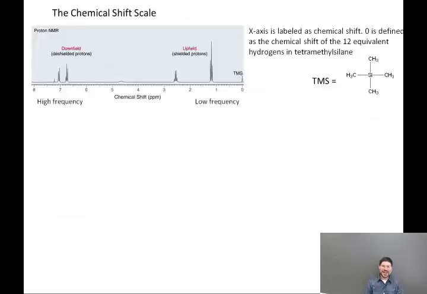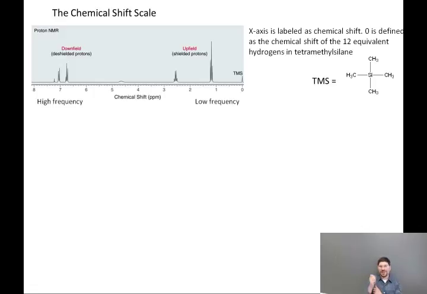Okay, so now let's look at the chemical shift scale. On this NMR spectrum, on the x-axis you see the words chemical shift, then the letters ppm in parentheses, and then you see a scale from 0 on the right-hand side of your spectrum going up to 8 on the left-hand side.